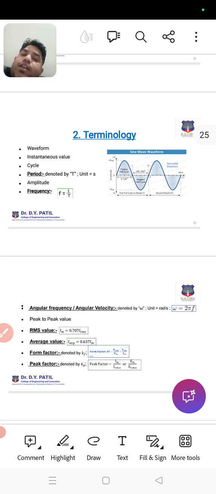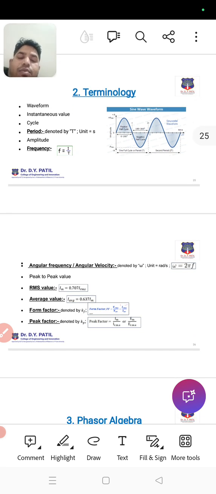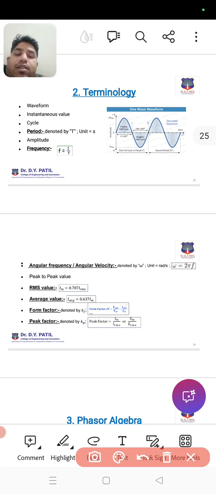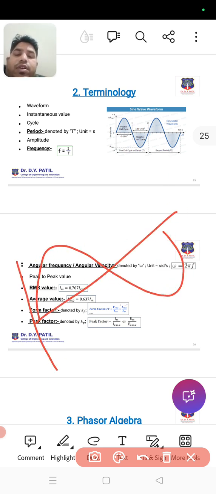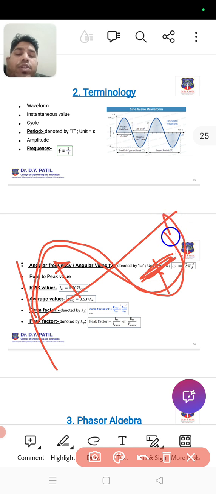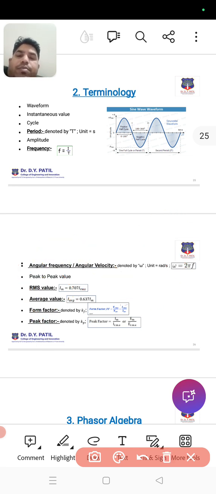Cycle is a set of positive and a set of negative portion of that alternating quantity. Period is the time required to complete one cycle.